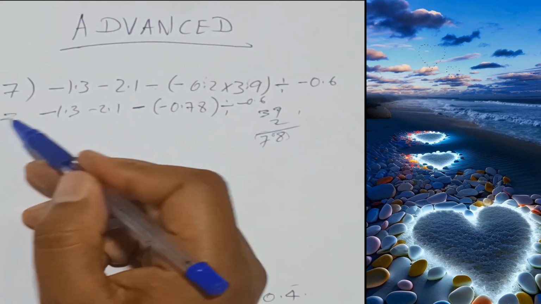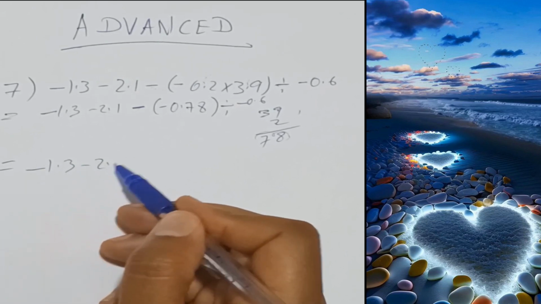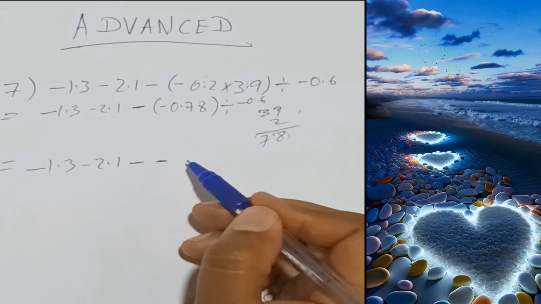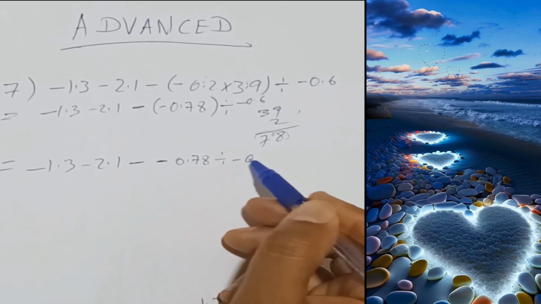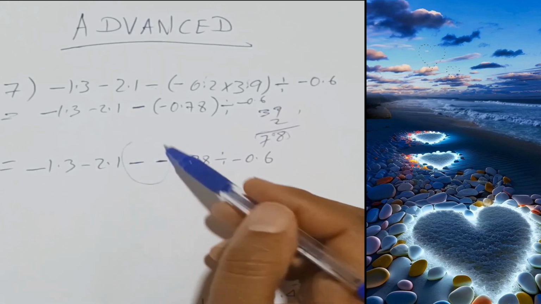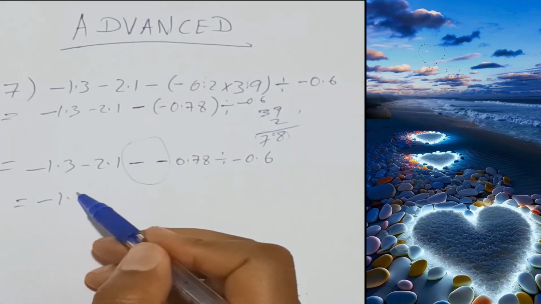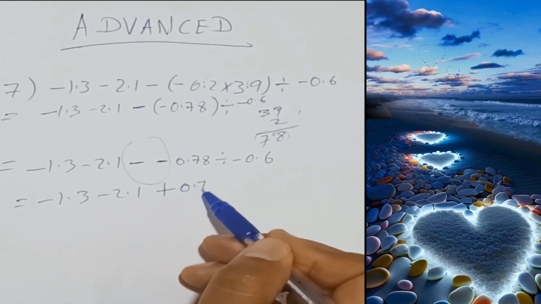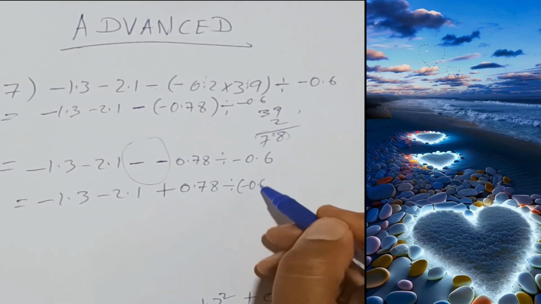divided by minus 0.6. Excellent. So let me write it clearly here. Minus 1.3 minus 2.1 minus 0.78 divided by minus 0.6. So this sign will be positive, which is equal to minus 1.3 minus 2.1 plus 0.78 divided by negative 0.6.